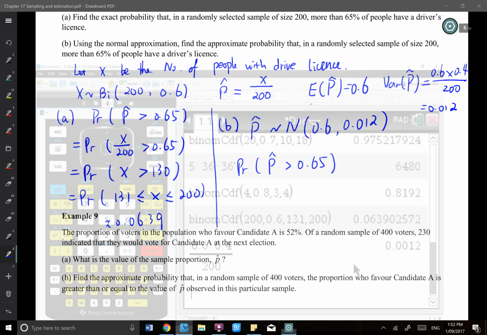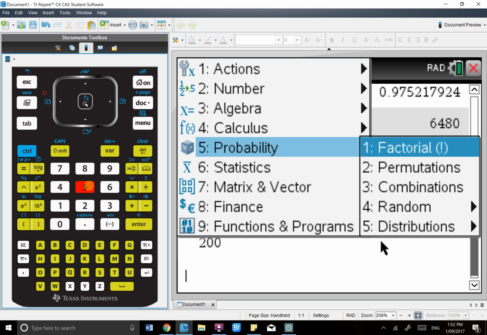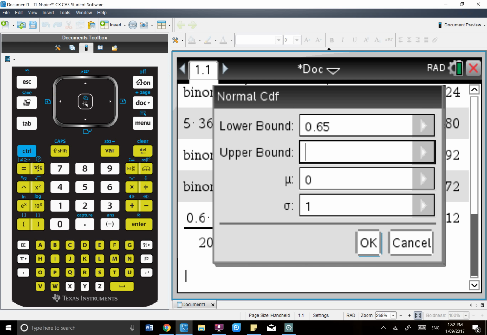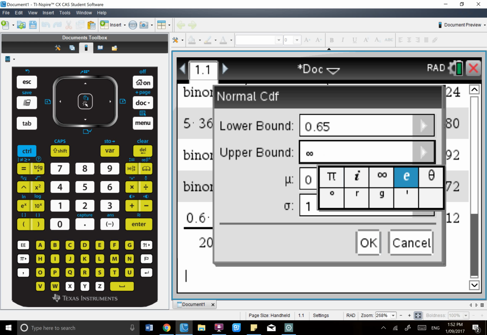And I will use the calculator. Menu, 5, 5, 2. 0.65 is the minimum, infinity is the maximum.